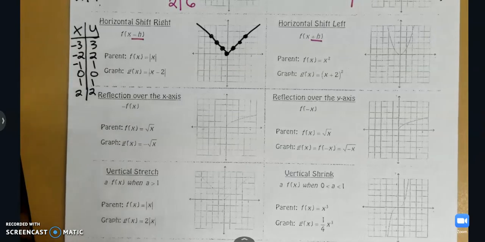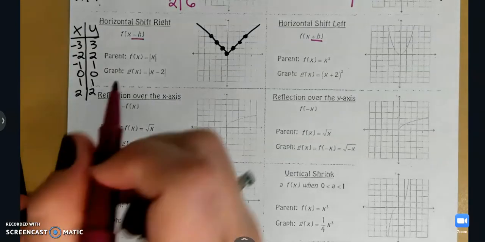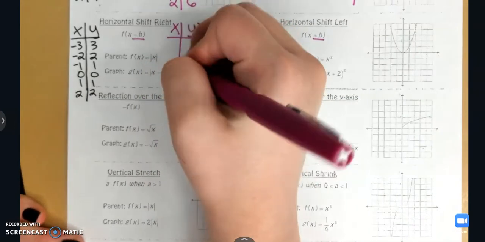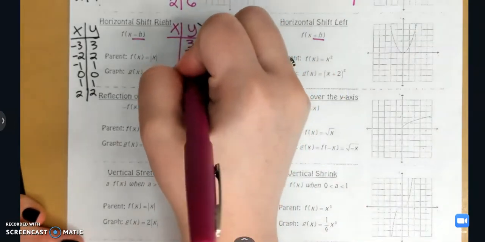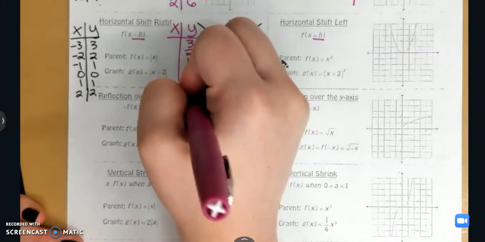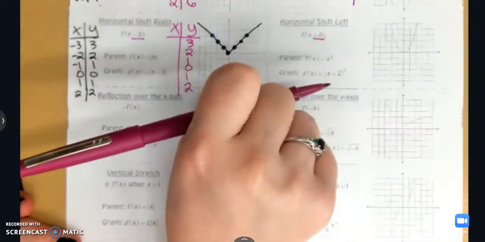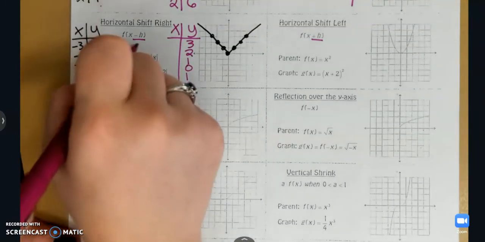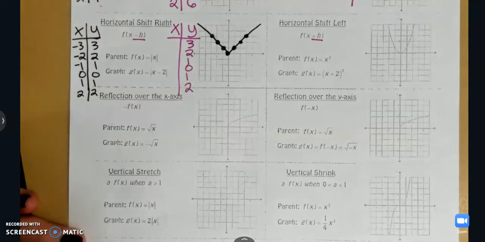Now, if I'm shifting to the right, that means I'm changing my x values, and my y values are going to stay the same. So I'm going to write in my same y values. And I'm shifting to the right, meaning I'm going in the positive direction. So my x values are going to be increasing by 2. Even though I'm subtracting inside my parentheses, it means I'm shifting to the right.